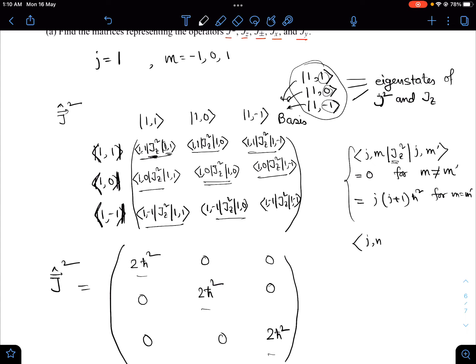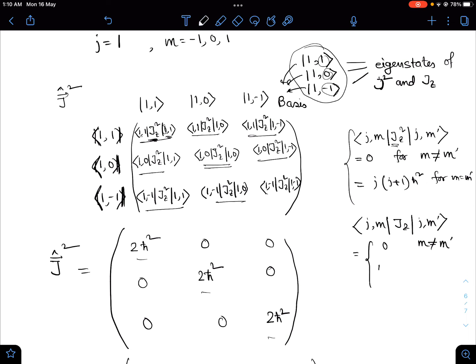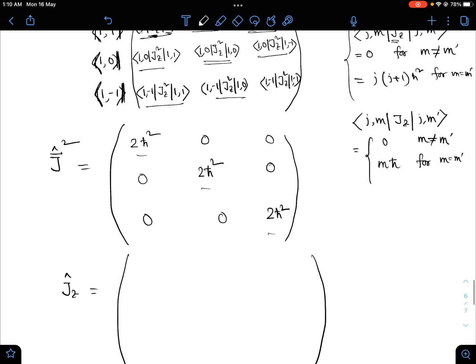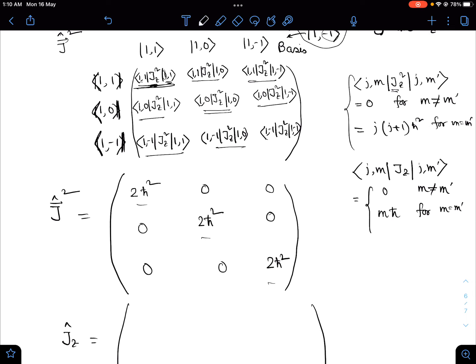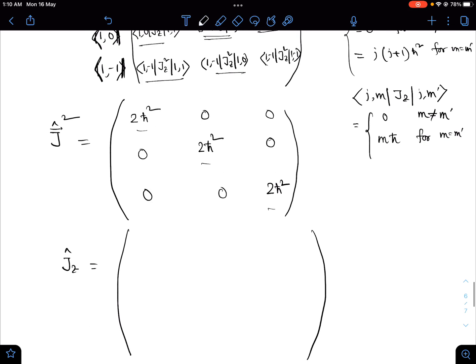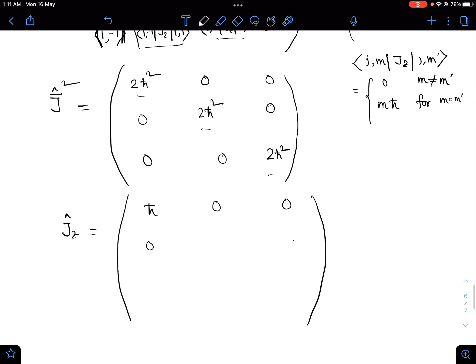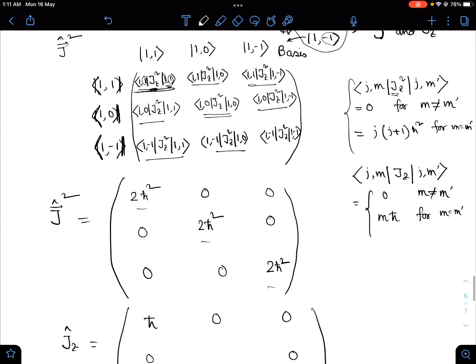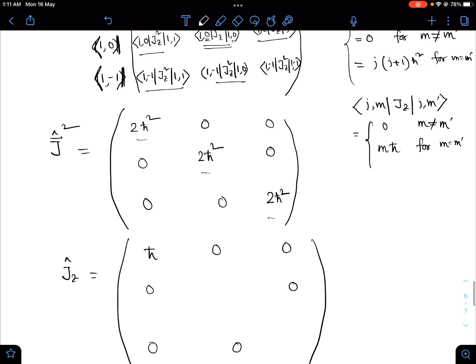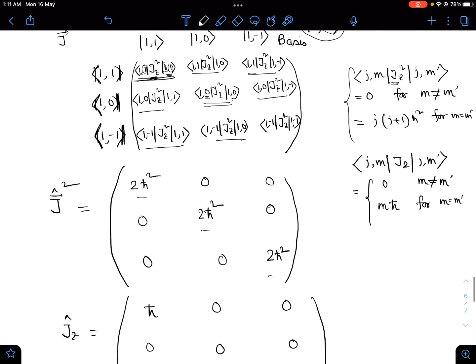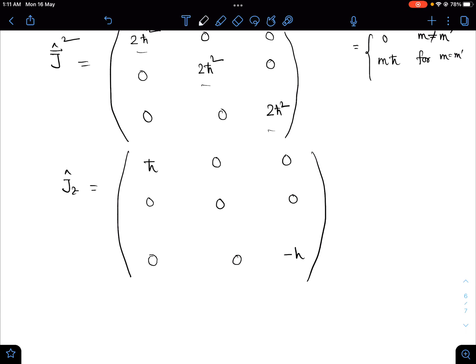If m and m' are different, it will be 0 for m not equal to m', but if m equals m', we will have mħ. For this state, the m value is 1, so it will give us ħ. The off-diagonal terms are 0, and this has m value 0, so it will give us 0, and this has m value minus 1, so this is minus ħ.